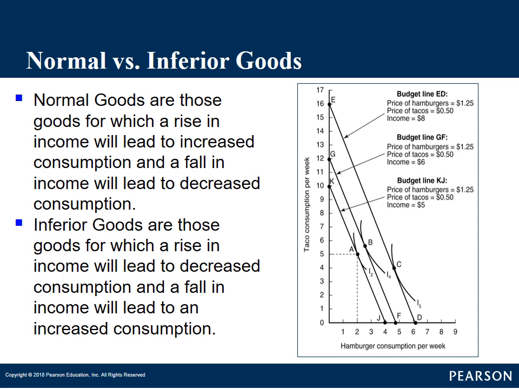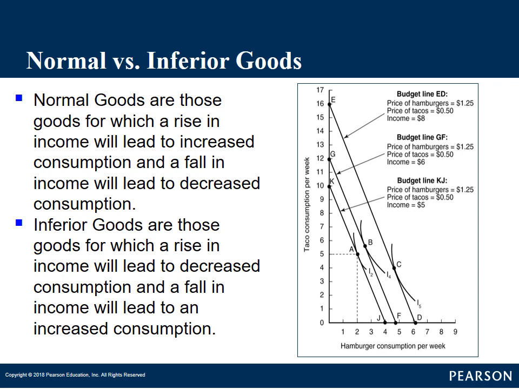So income changes do lead to an increased budget, but that doesn't always mean that because your income increases, your consumption of all goods will increase. There are some goods in which if your income increases, your consumption of a specific good may decrease.